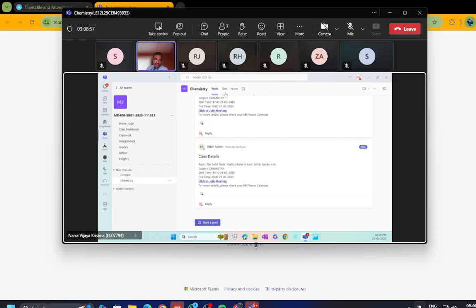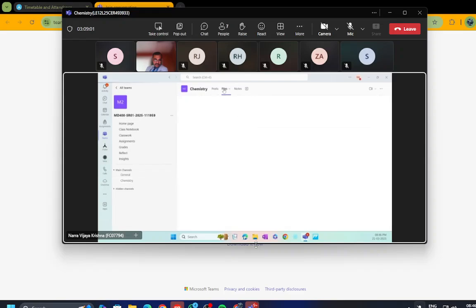There you can find files on the top. Right? Wait, where are the notes, man? Files.